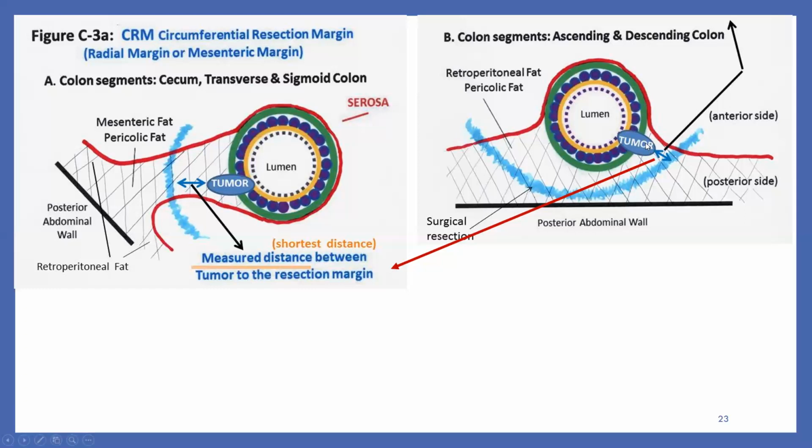In diagram B, you can see the edge of the tumor to the blue line is much closer than in diagram A, where you have a larger distance or a larger radial margin. In millimeters, we are measuring that distance between the tumor and the resected margin.